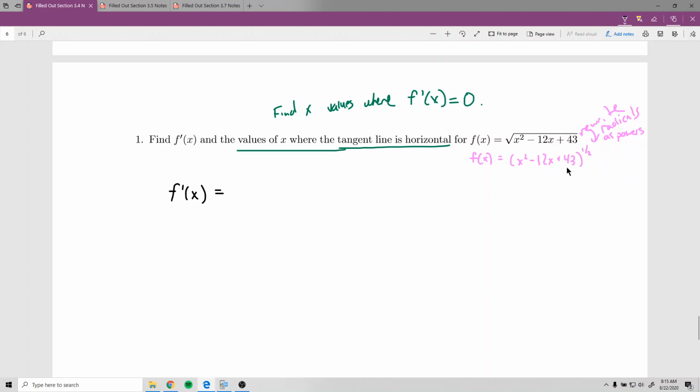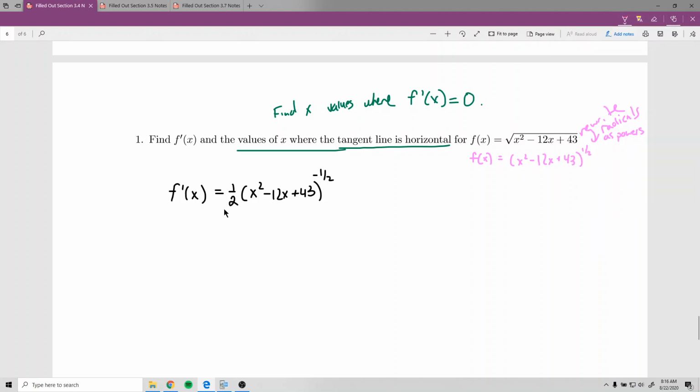So we start by doing the power rule, which means we bring the 1/2 out front, rewrite the inside, and then subtract 1 from the power. Since we did one like this before, I'll just remind you that 1/2 minus 1 is negative 1/2.